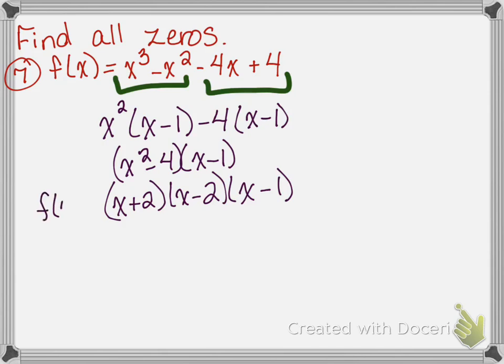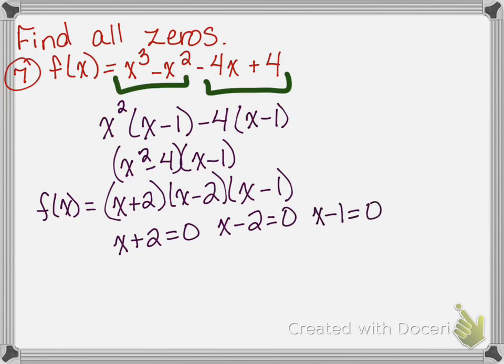So in factored form, this is f of x equals x plus 2 times x minus 2 times x minus 1. I'm going to set each one of these equal to 0. So I have x plus 2 equals 0, x minus 2 equals 0, and x minus 1 equals 0. So I have negative 2, positive 2, and positive 1. Okay, so these right here, that's what we call linear factors.